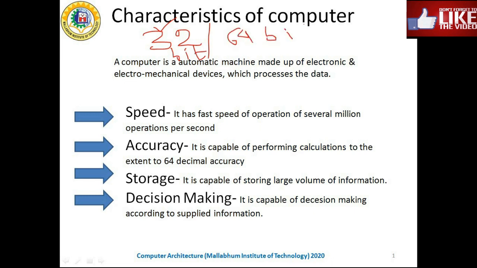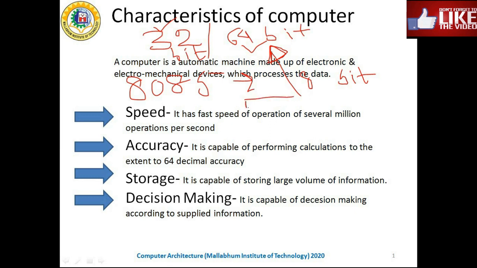Now 32-bit, 64-bit you have seen in your practical life with computers, but in the case of the 8085 processor, this machine is called the 8-bit microcomputer system. From that onwards the computer system goes on and becomes very much faster, and also the number of bits the computer can handle increases.